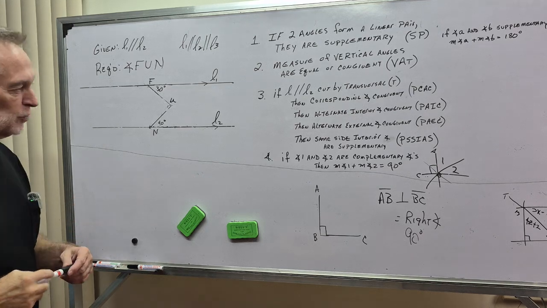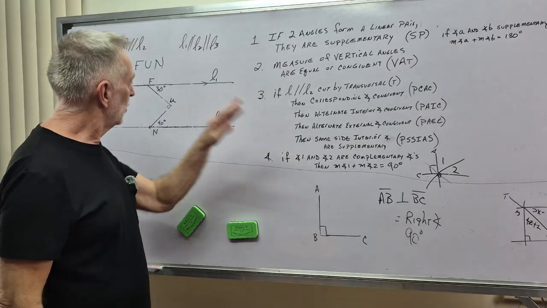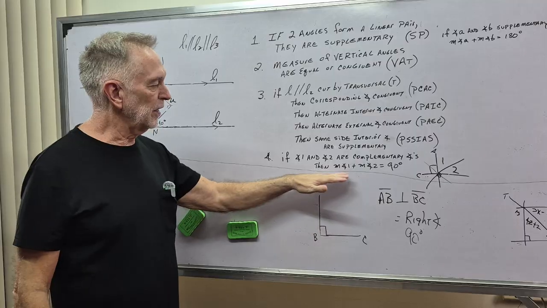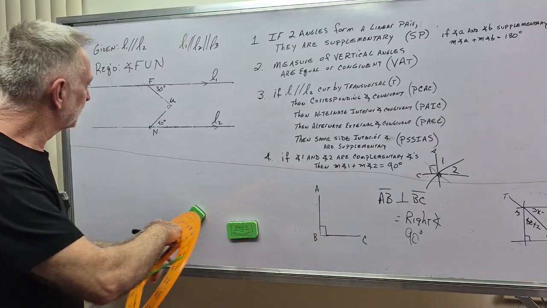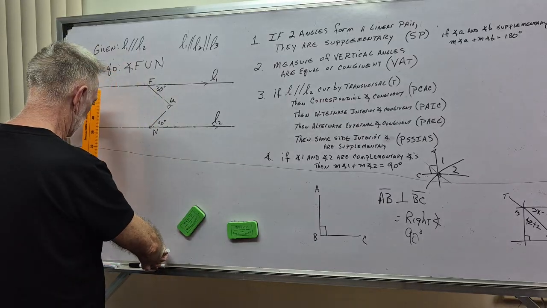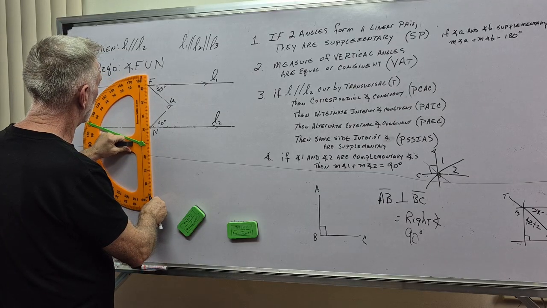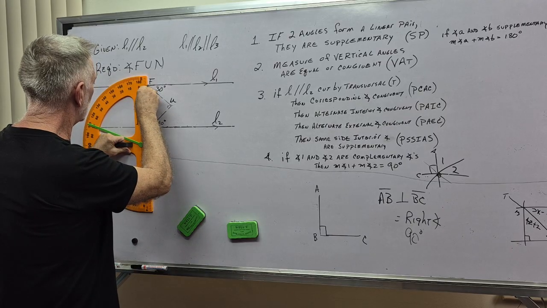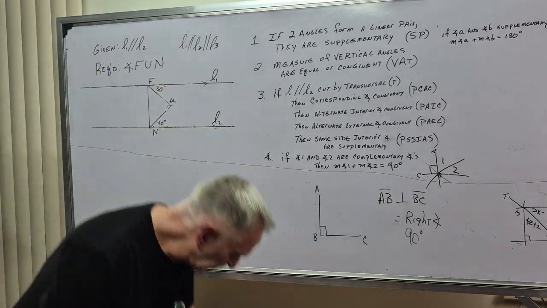The next simplest way to do this would be if I can create two angles that are complementary, then the sum of those two angles is 90 degrees. So let me draw a line perpendicular to L1 and L2. All right, I have a perpendicular line.